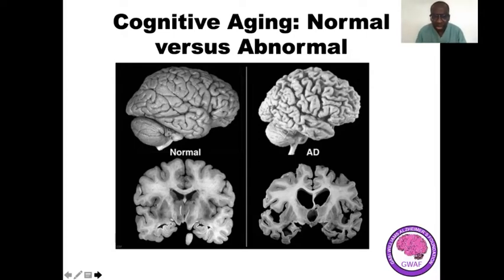So the shriveling, the atrophy is caused by neurodegeneration, which is loss of brain cells, and it's a progressive loss of brain cells that leads to that smaller, more shrunken appearing brain.